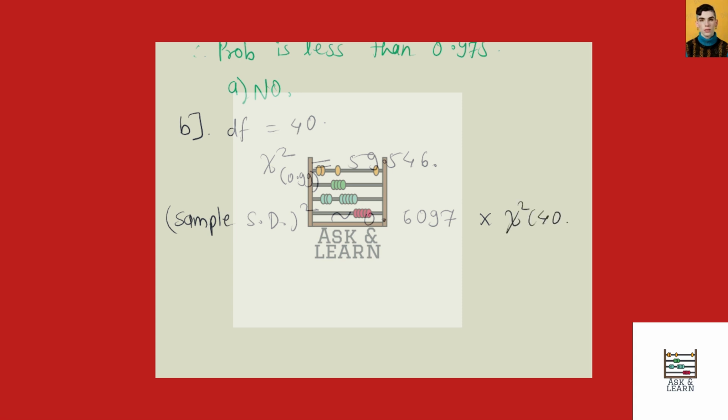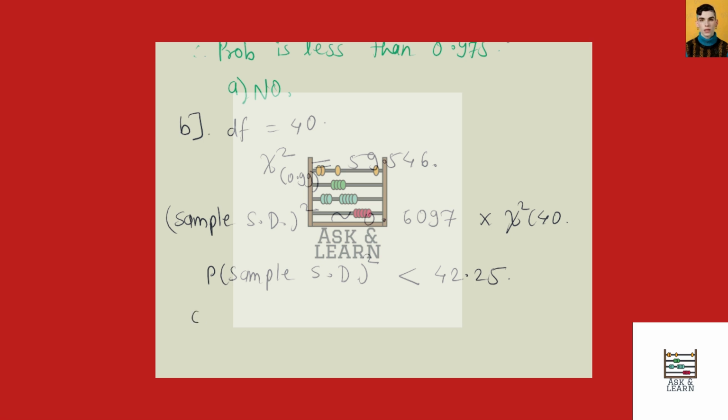So the probability of the sample standard deviation square being less than 42.25, which is the square of 6.5.